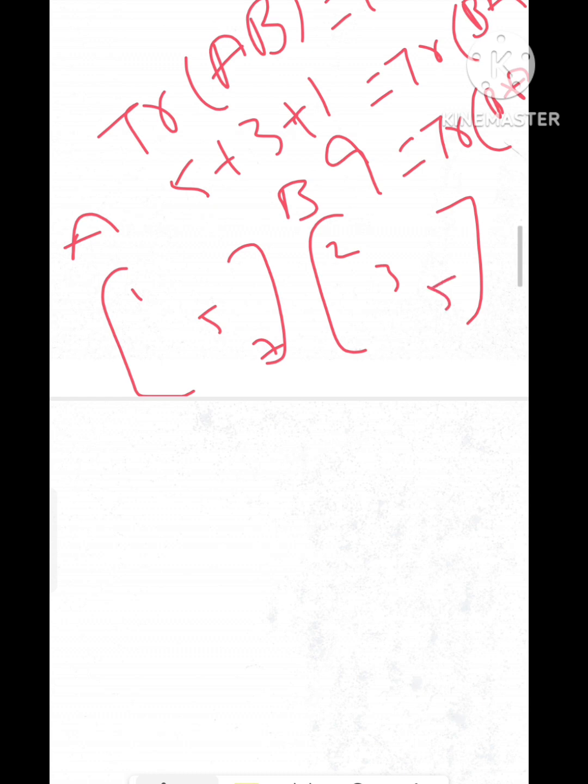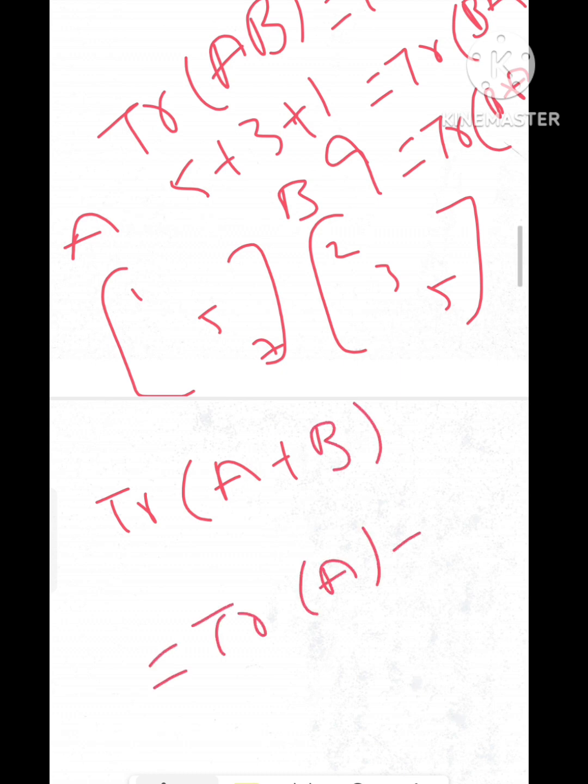If they ask for the trace of A plus B, then just add trace of A plus trace of B. No need to add or subtract the matrices. So trace of A is 1 plus 5 plus 7, which is 13. Plus here 5 plus 3 plus 2 is 10. So trace of A plus B is 23.